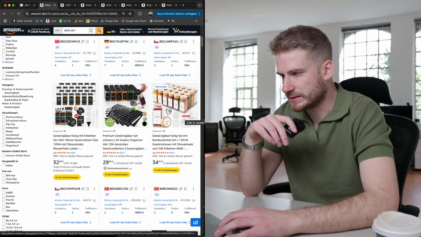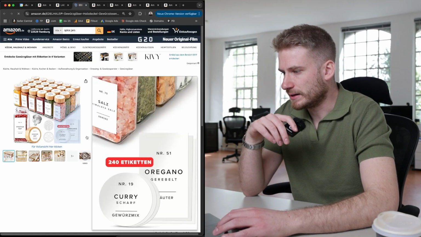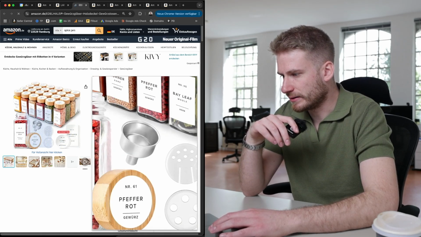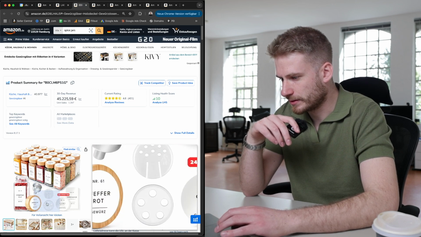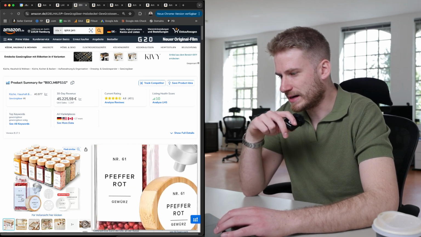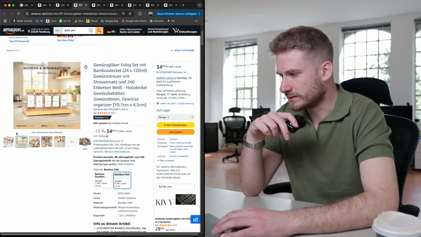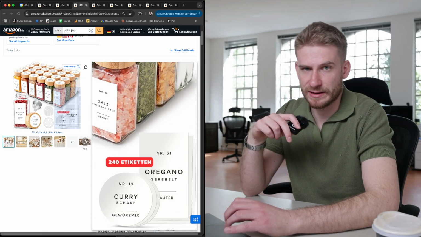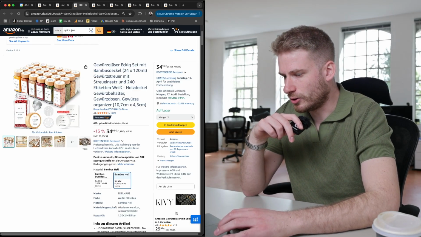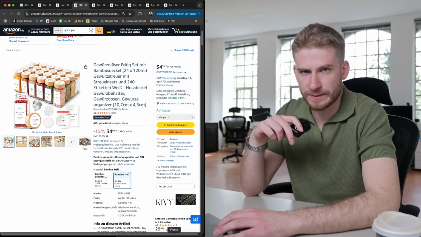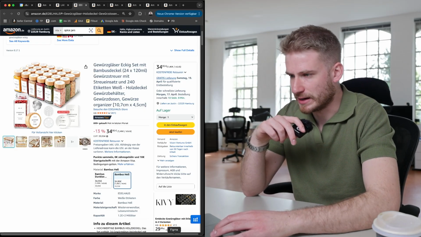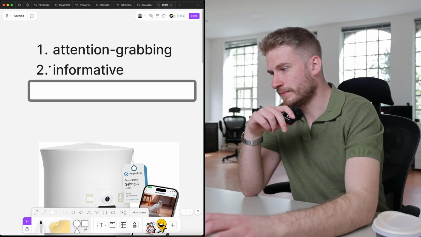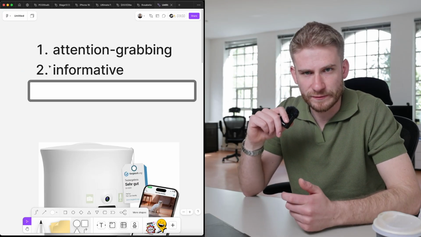So for example, in this case, how they showcase the labels and the glass here on front. So this is all very important on how to stand out. You should test a whole bunch of different versions that look different to your competition. Highly important.